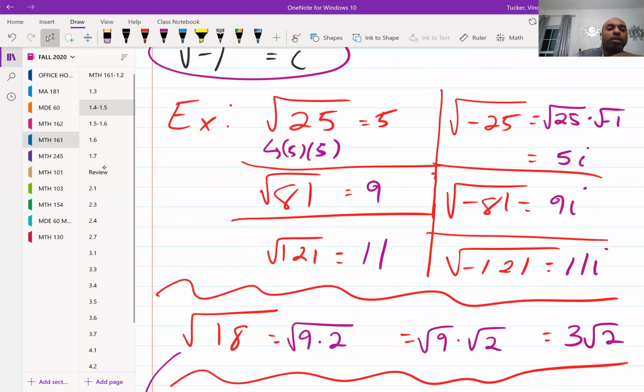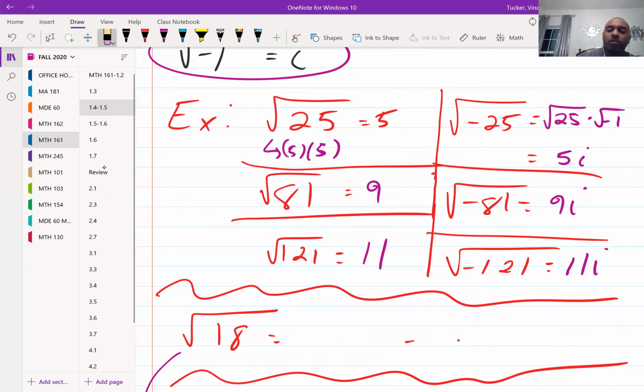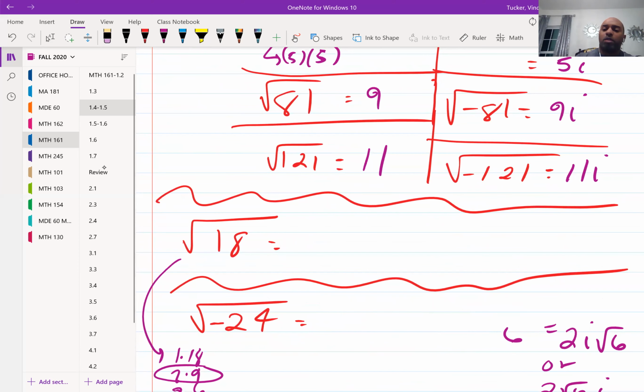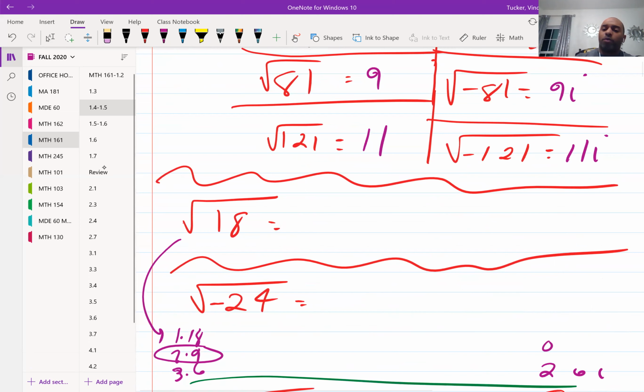Also, since we're dealing with radicals, you may come across numbers that aren't perfect squares, but you are still expected to reduce them. So when I look at the square root of 18, you want to look at the factors of 18 to see if there are any factors that are perfect squares that you can take the square root of.